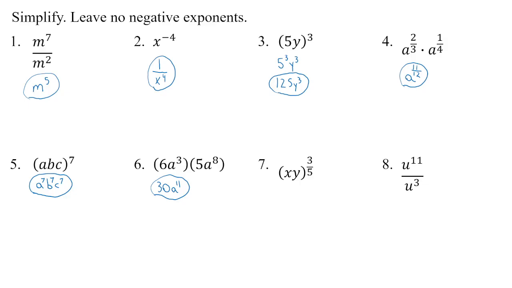Number 7, we have xy raised to the 3/5 power. We're going to raise x to the 3/5 power. And we raise y to the 3/5 power. Therefore, the solution is x to the 3/5 times y to the 3/5.